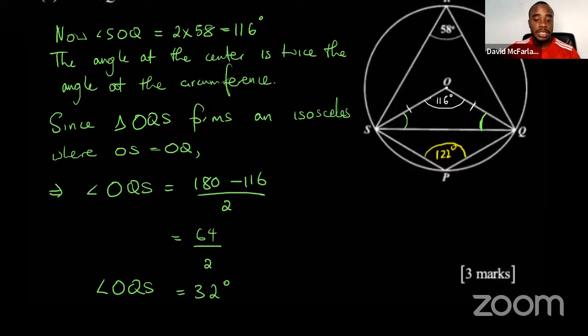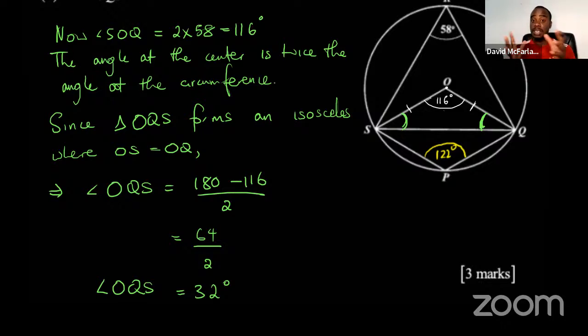Okay, the 180 minus 116 divided by 2. That was kind of a little stretch, but essentially what we said was that because these two angles are equal, then half of the sum of the angles would be one of them. The angle right here is equal to the angle here. So when you take 116 from 180, you have 64 degrees left.